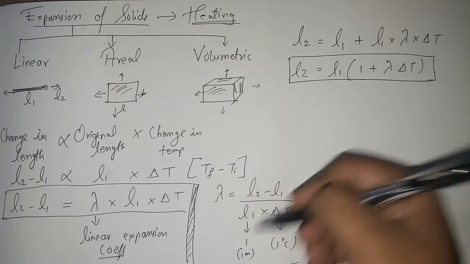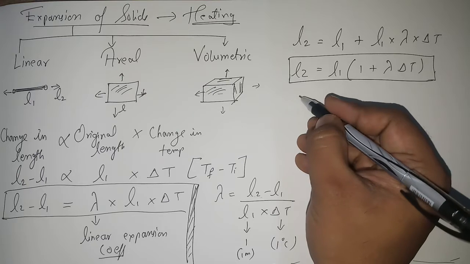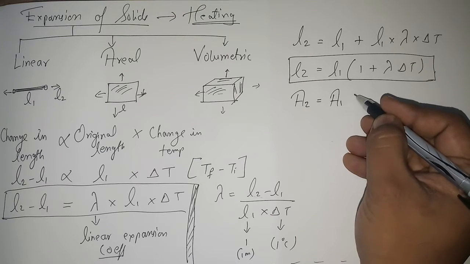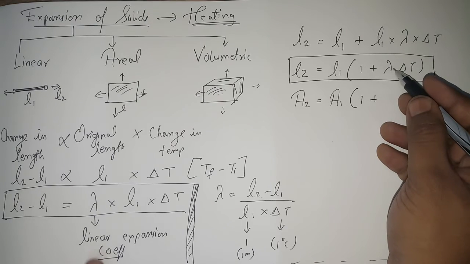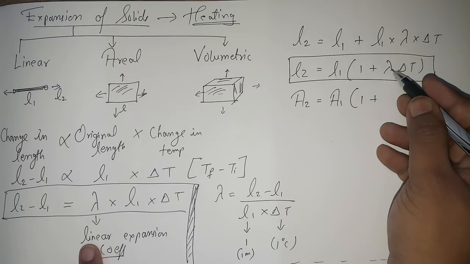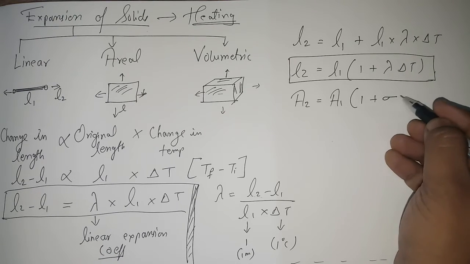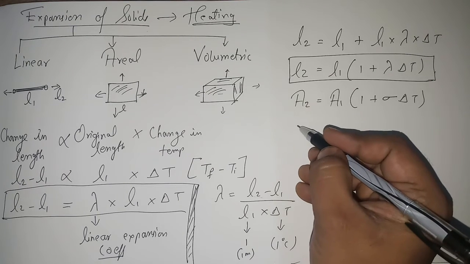Doing the same, we will get something for areal expansion too. Let A2 be the new area and A1 the older one. A2 equals A1 into 1 plus, and for the areal expansion coefficient we put sigma, into delta T. Wow, same. And for volume also the same.